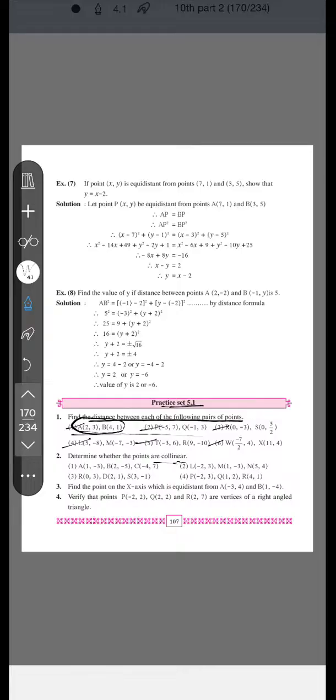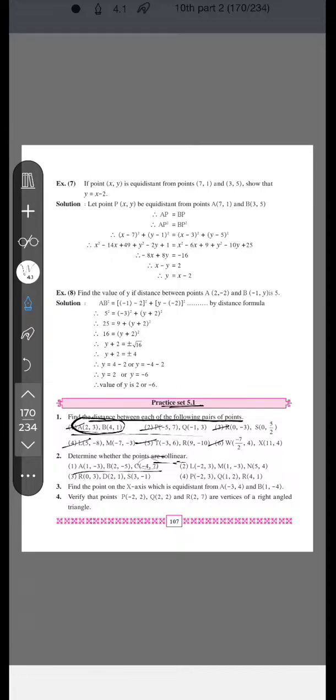Yeah, so here we are going to talk about determining whether the points are collinear or not. Here is the first question I am going to take. What does the question say here? The question says that point A is (-1, -3), B is (2, -5), and C is (-4, -7).